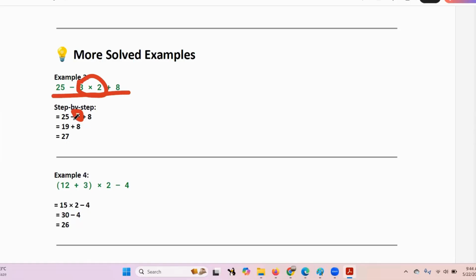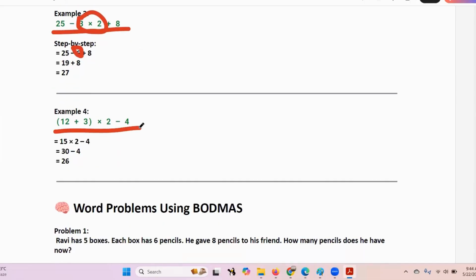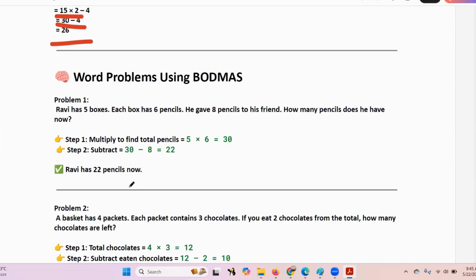Next, help me understand this one. First we will do the brackets, 12 plus 3, so 15 multiplied by 2 is 30, and minus 4 equals 26. Okay, correct.